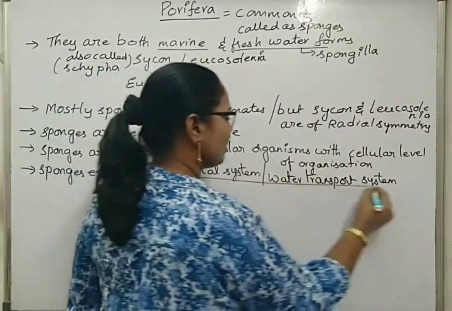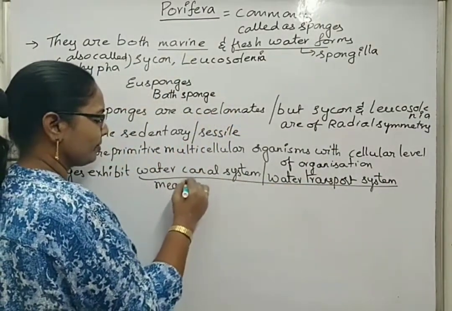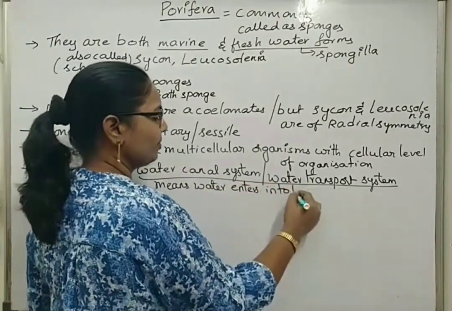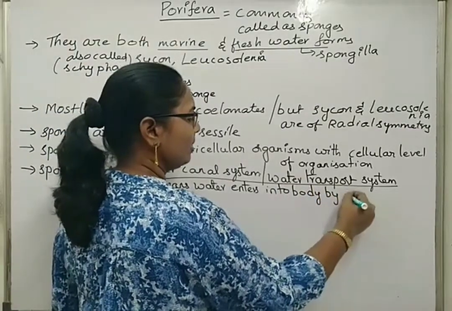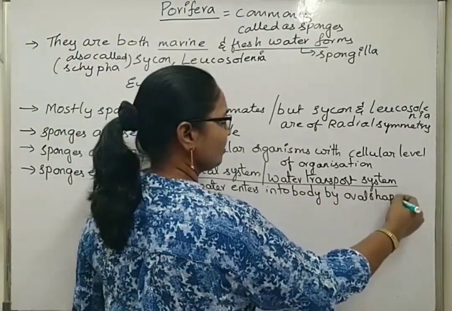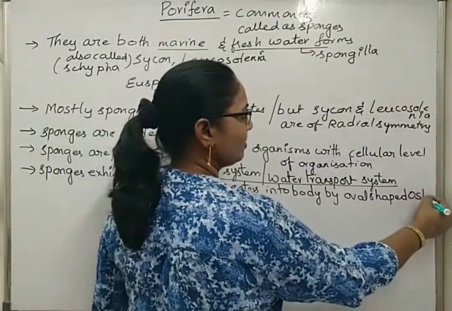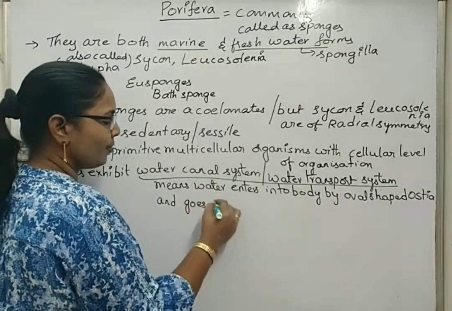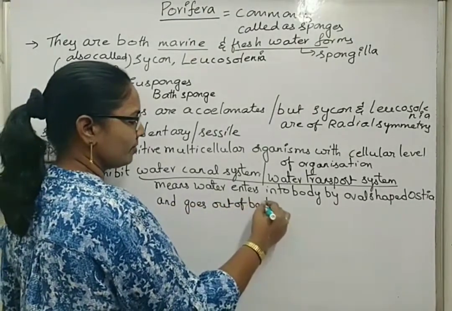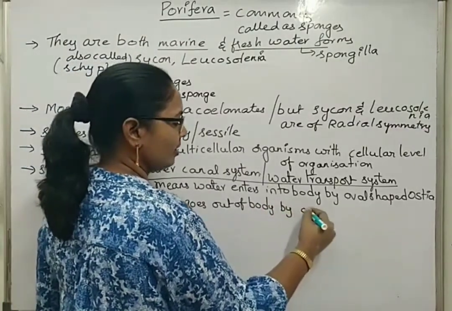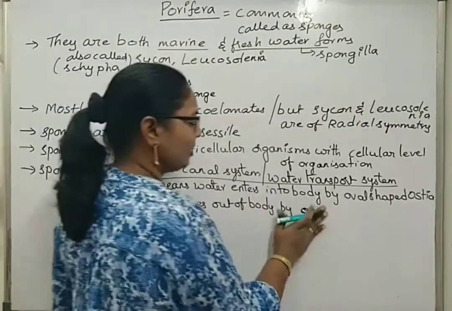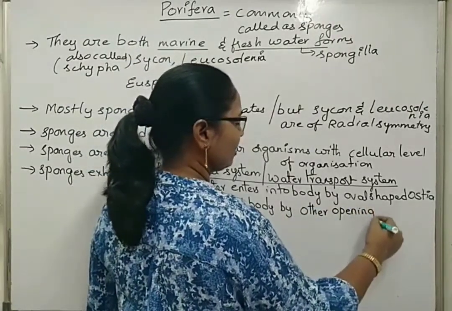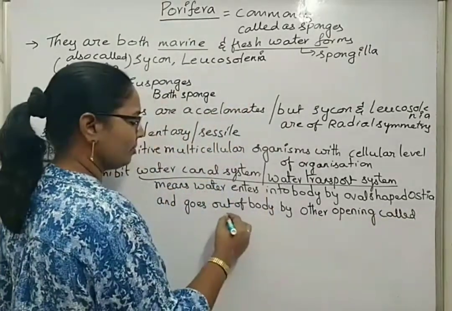Here we will write just the meaning of this. It means water enters the body by oval shaped openings, the ostia, and goes out of the body by another opening called the osculum.